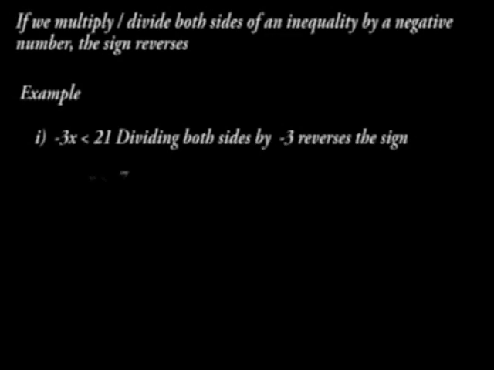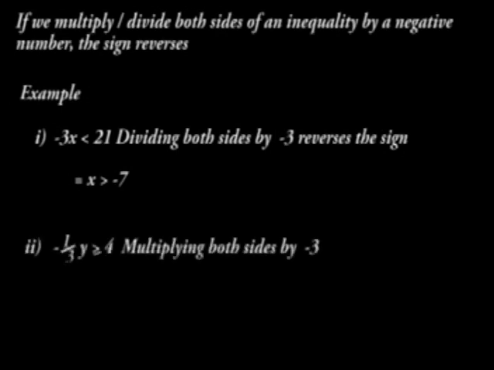Dividing both sides by minus 3 reverses the sign and we have x is greater than negative 7. Another example: a third y is greater or equal to 4. If we multiply both sides by 3, we end up with y is greater or equal to 12.